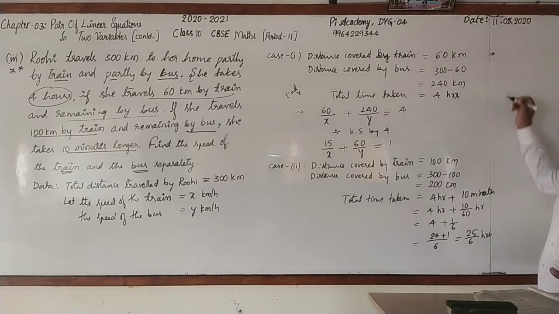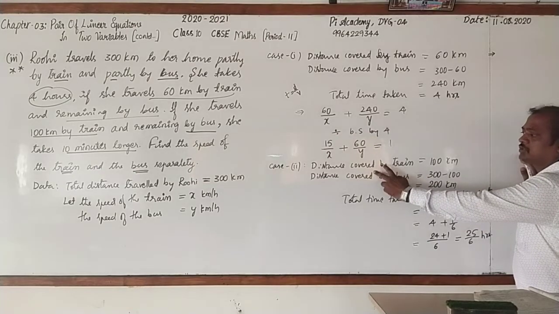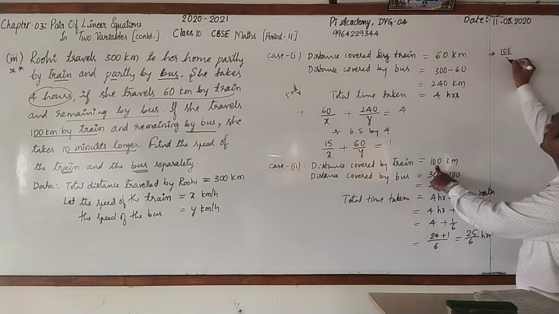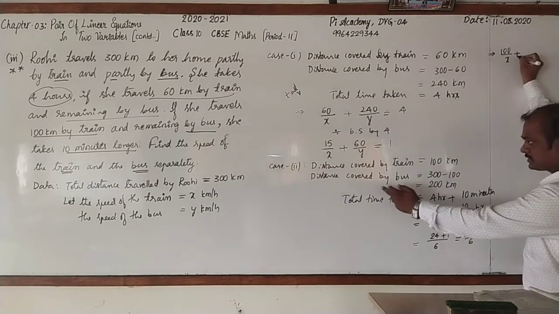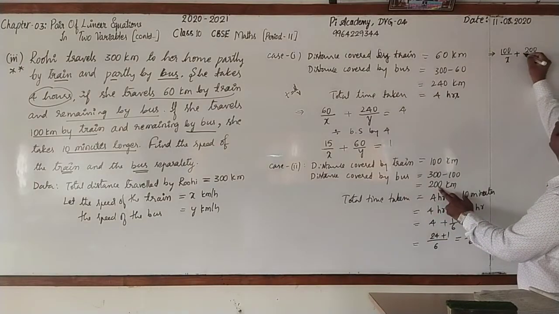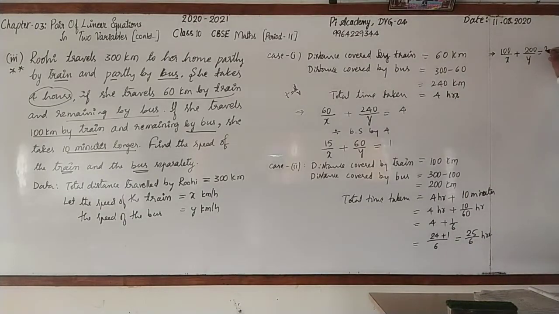This is the time taken by Ruhi when she travels by train. It is distance by speed plus by bus. It is distance 200 by y. This is total time taken. It is 25 by 6.